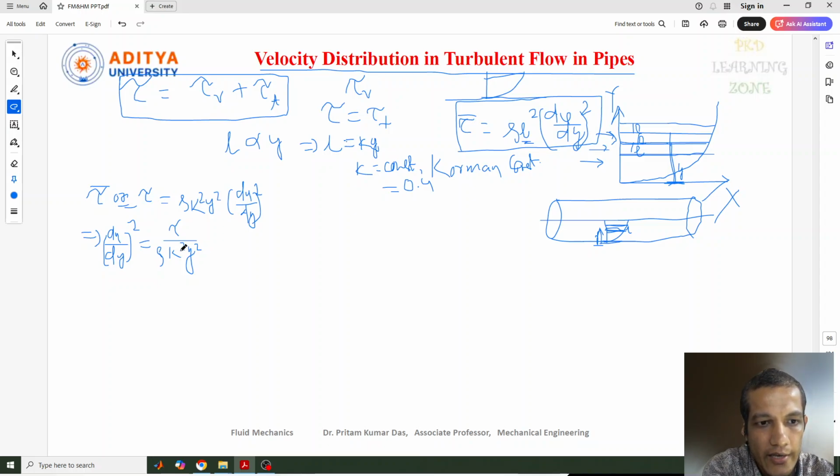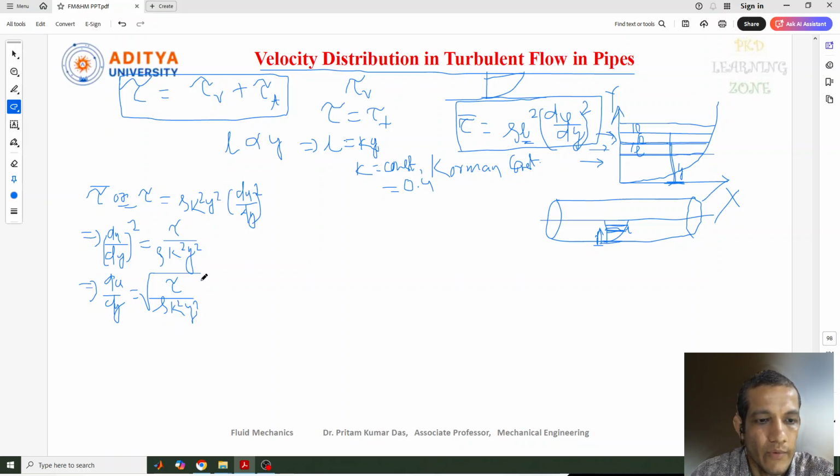Now I'll take the square to the other side, which means a root over will be there. One more line we can write: du by dy equals root over of tau by rho K square y square.